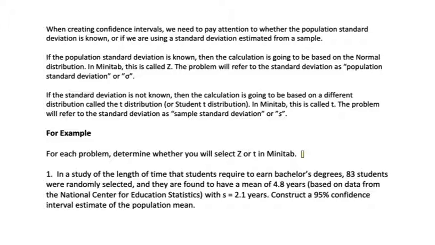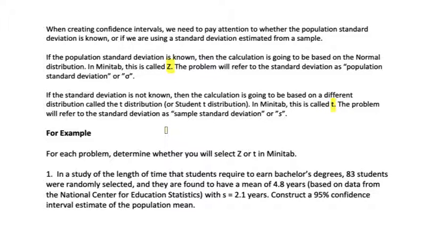So if standard deviation is known, then the calculation is based on the normal distribution, and in Minitab this is called Z. And I'm going to show you in a different video how to do this on Minitab. The problem will refer to the standard deviation as population standard deviation, or sigma. If the standard deviation is not known, then it's based on a different distribution called the T distribution. And so in Minitab you're going to be looking for T.